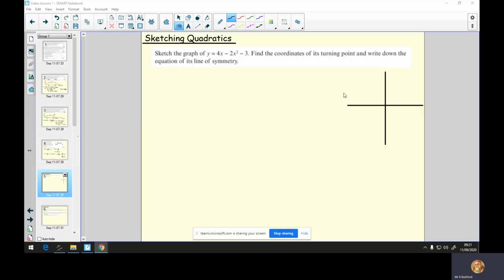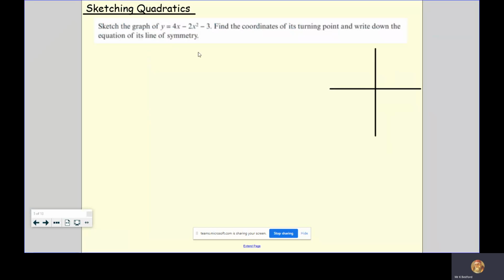We're just looking at this top question, sketching quadratics: sketch the graph of y equals 4x minus 2x squared minus 3, and find the coordinates of its turning point and write down the equation of its line of symmetry.